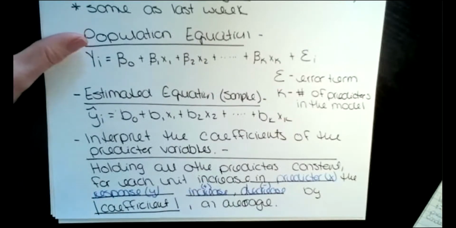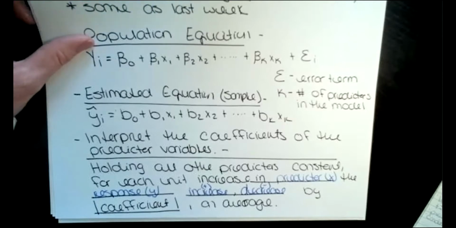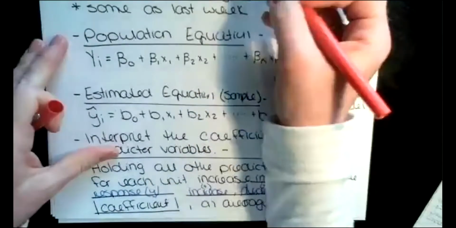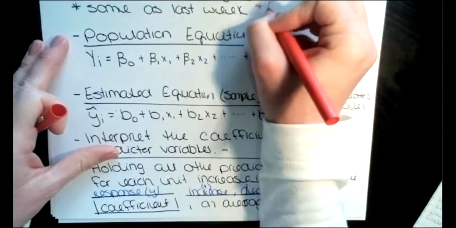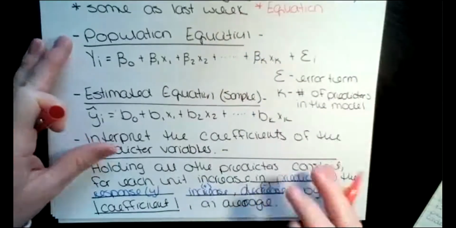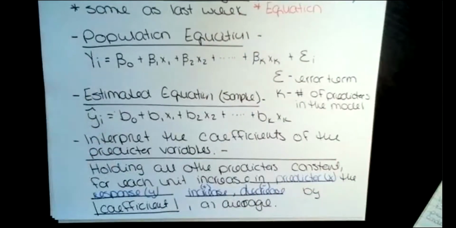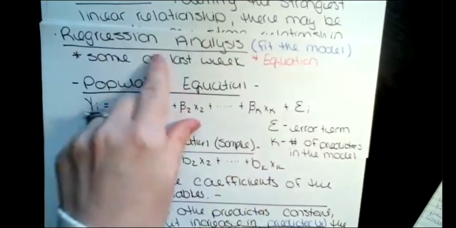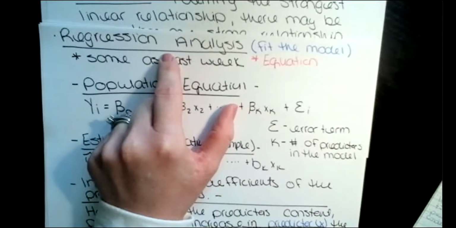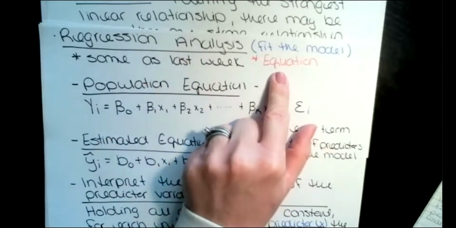So that's looking at our regression analysis. That means looking at our equation, right? That's what we're interested in here, the equation. You get a lot of output when you build your model, when you fit your model. You don't have to just put your equation here, but you can.